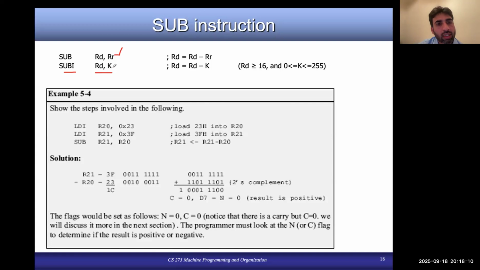This is the syntax here. K is your immediate number, and the value of K can be between 0 and 255, both inclusive. And RD is any register from R16 to R31. Okay.